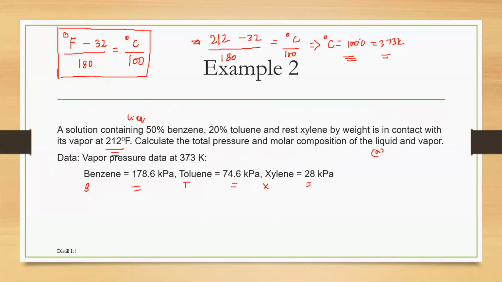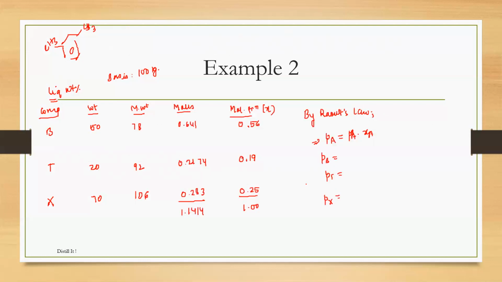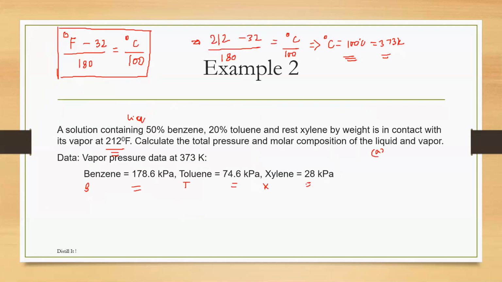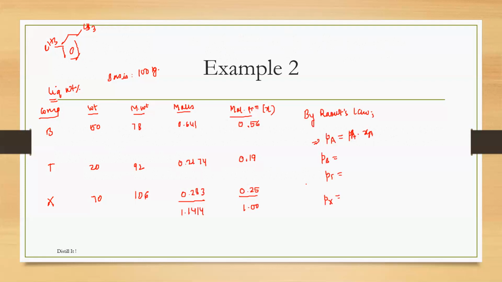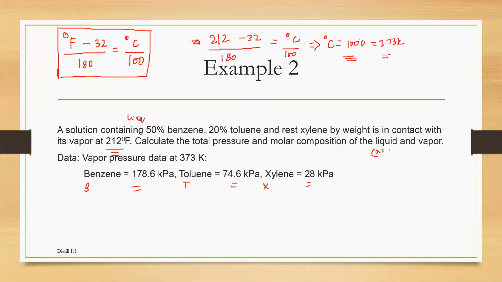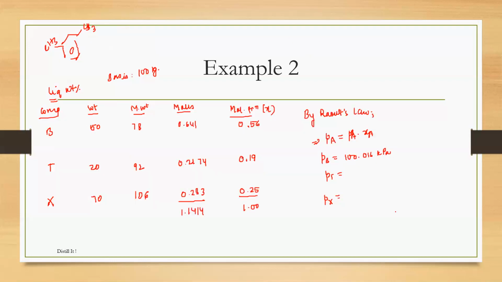All right. So for benzene, it is going to be 0.56 into 178.6 kilopascal. So that is going to be equal to 100.016 kilopascal. All right. Similarly, for toluene, we are going to get 74.6 into 0.19.